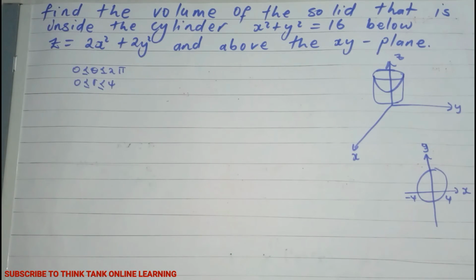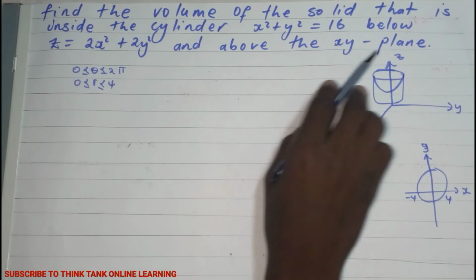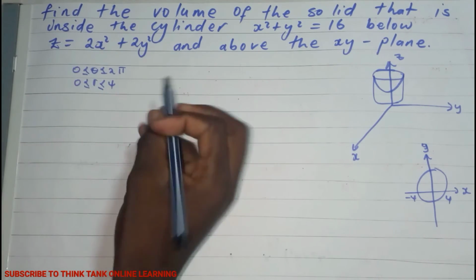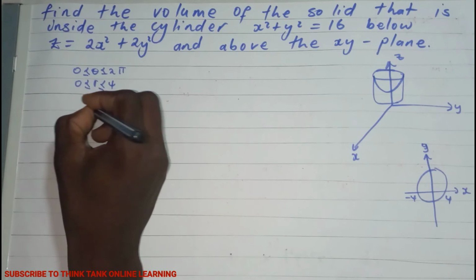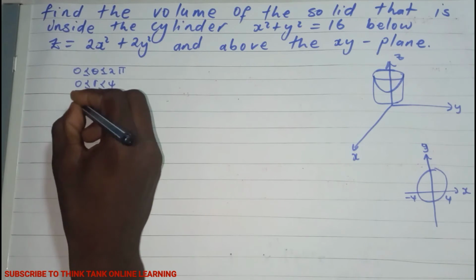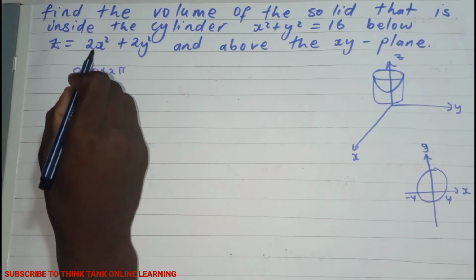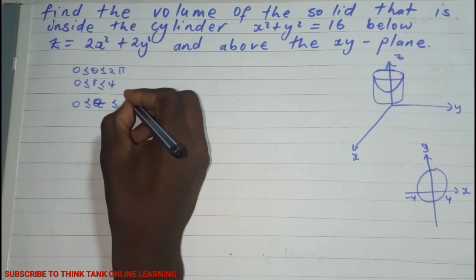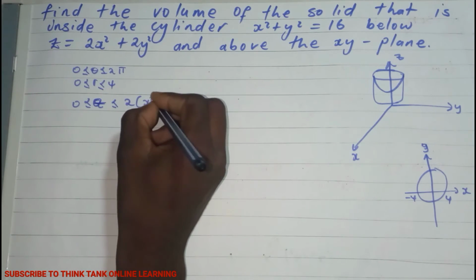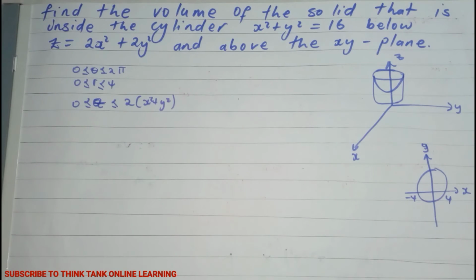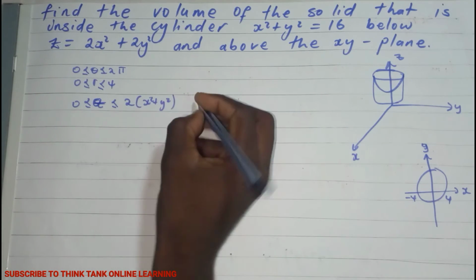Okay, so that means we're going to set up our triple integral. But what is the lower bound of z, and what is the upper bound of z? Since this thing is above the xy plane, the lower bound of z is going to be 0, then the upper bound is going to be this equation. So I'm going to write it as 2 times (x squared plus y squared), and I know this is equal to r squared.